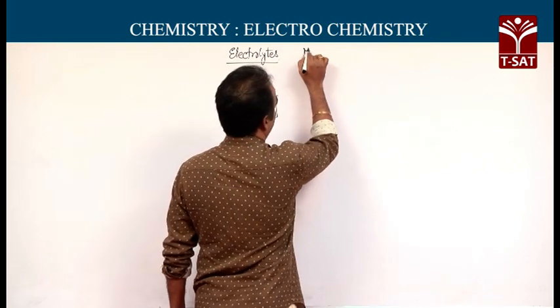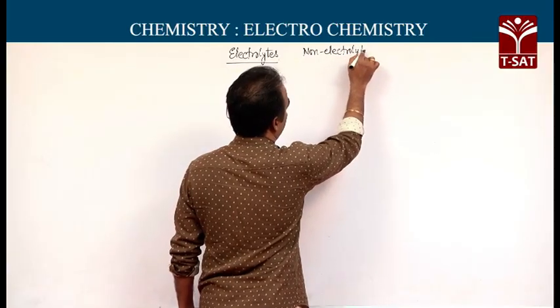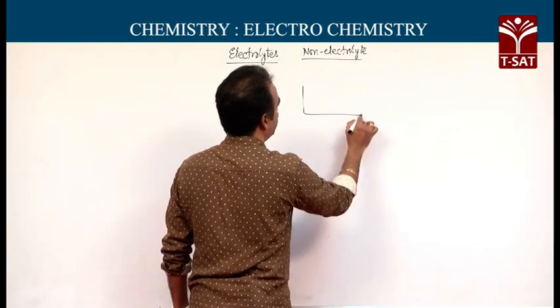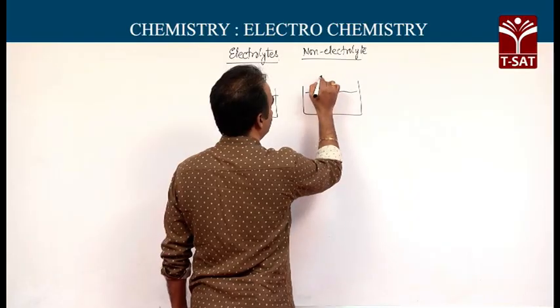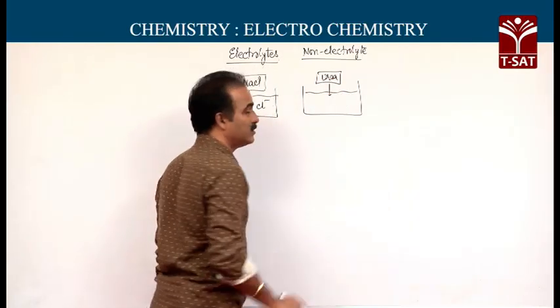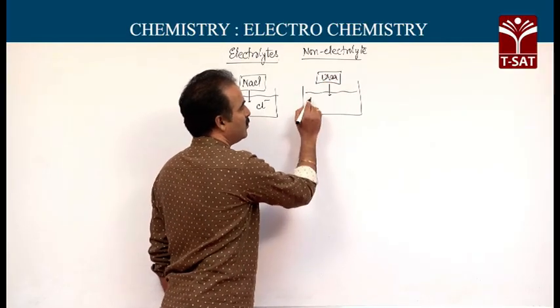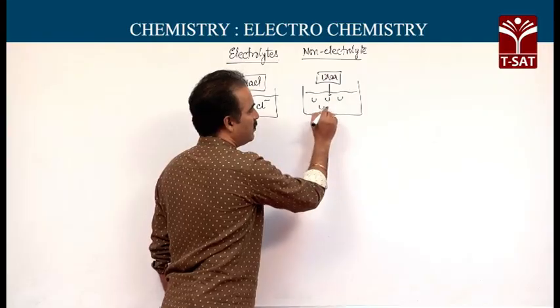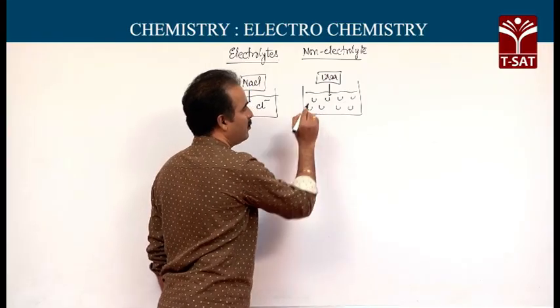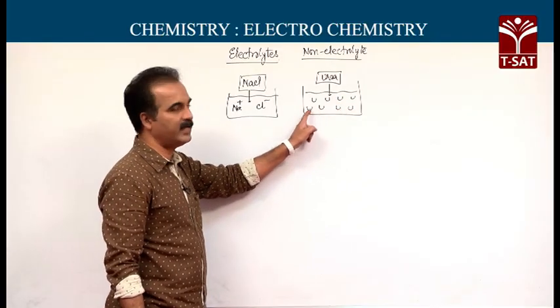Now I want to define a non-electrolyte. A non-electrolyte is one which also dissolves in water but does not produce ions. For example, when you add urea to water, it will dissolve and produce urea molecules, and these urea molecules do not carry any charge.